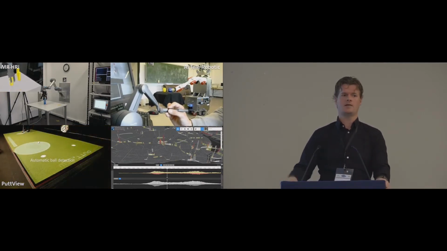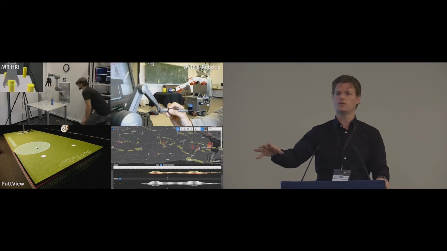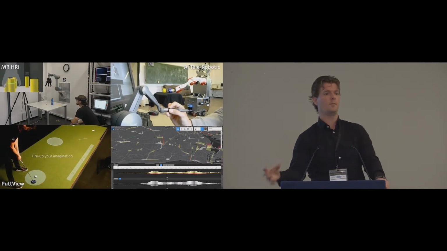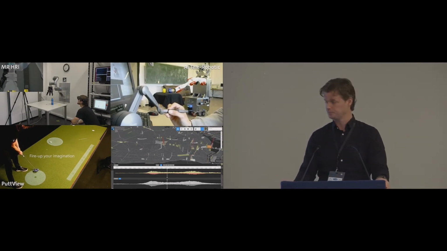The human just says, give me the mug, and then the robot itself uses machine learning and artificial intelligence to grab the mug in the same way as a human user would do.